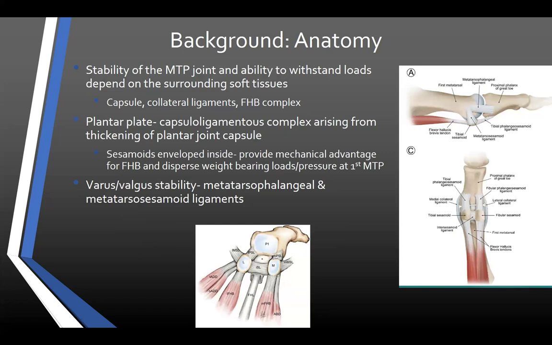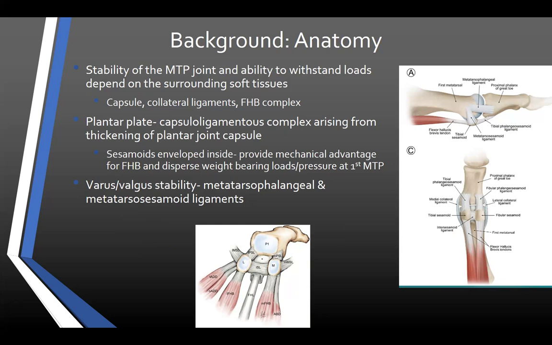The inherent shape of the articulation of that first metatarsal joint doesn't provide a whole lot of inherent stability. So the stability of the joint and its ability to withstand a lot of the loads we put on it is really reliant on the integrity of the soft tissue capsule. That includes the joint capsule, the collateral ligaments, as well as the flexor hallucis brevis and the sesamoid complex.